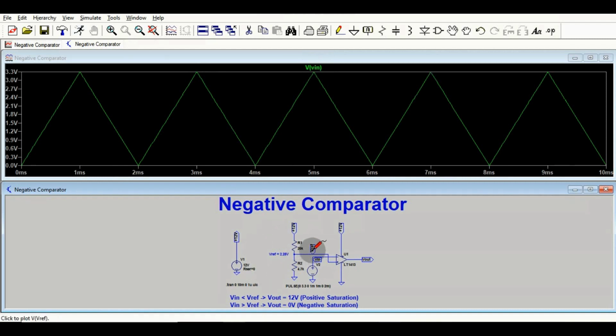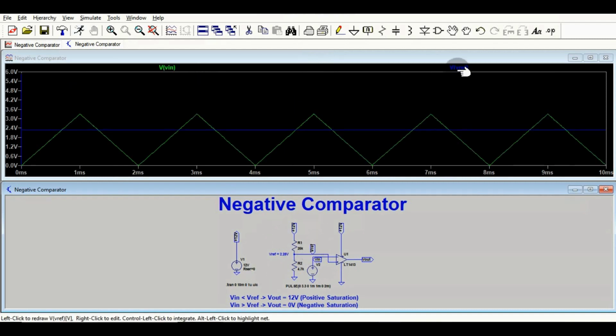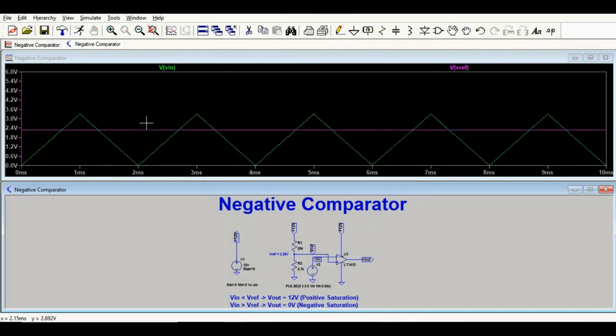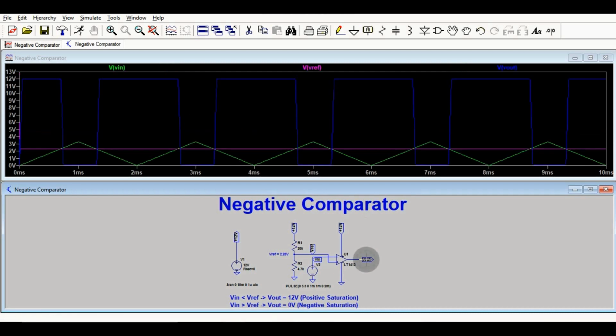This is your reference signal. Let me change the color. This is the reference signal. So the reference signal is 2.27 and the calculated value was 2.28. Your input signal is 3.3 volt here.